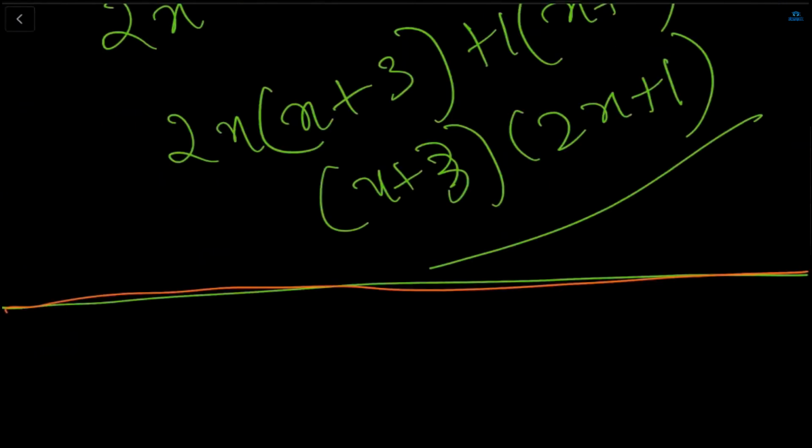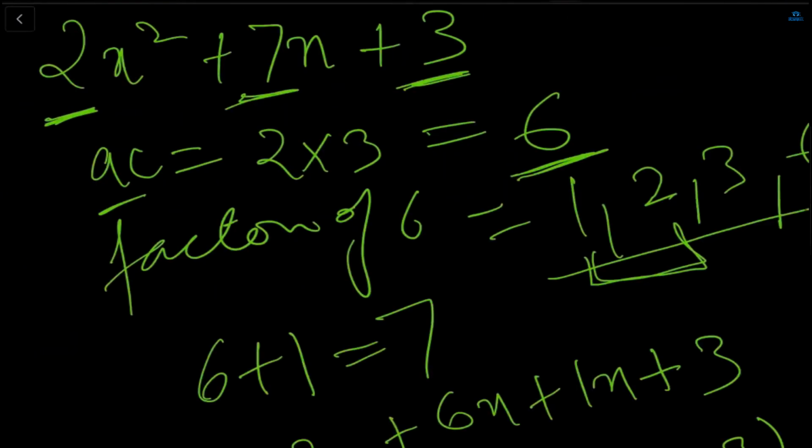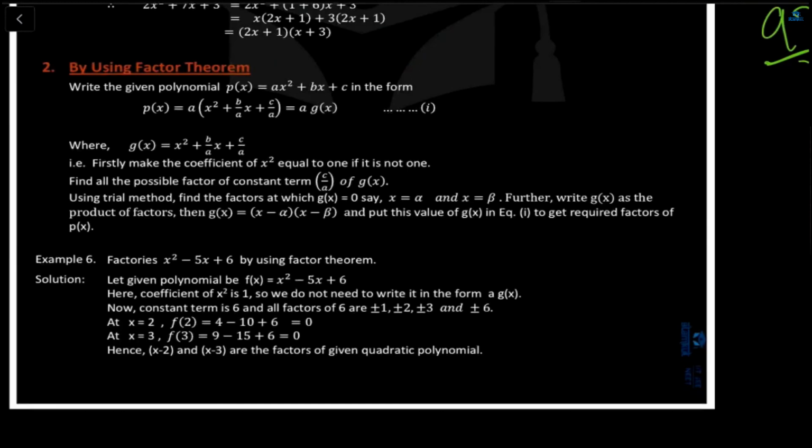Now, when you are using the factor theorem, what you have to do? For example, if the coefficient of x square in your quadratic polynomial is not 1, then you need to make it 1. And how can you make it 1? You can take a common.